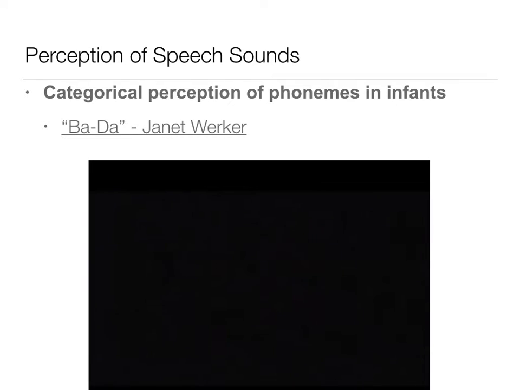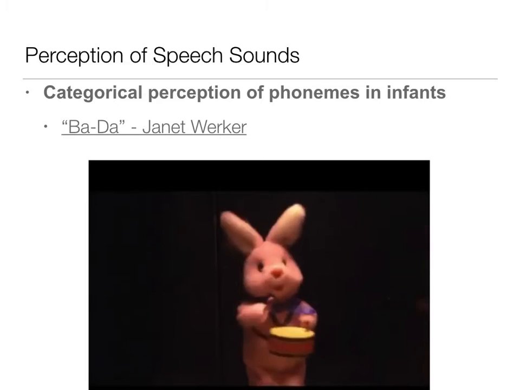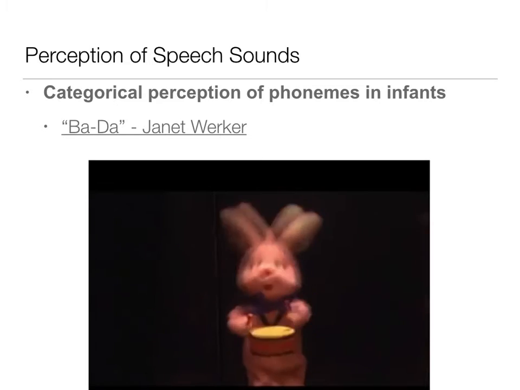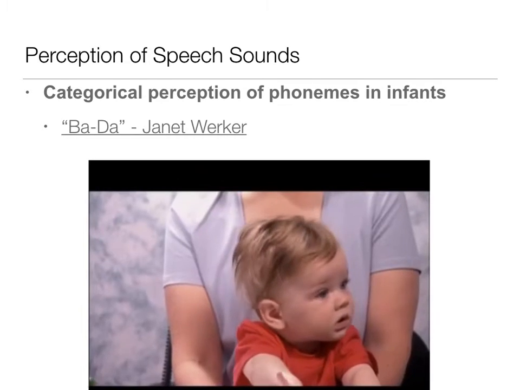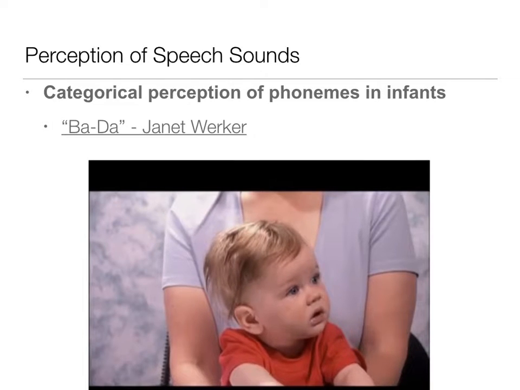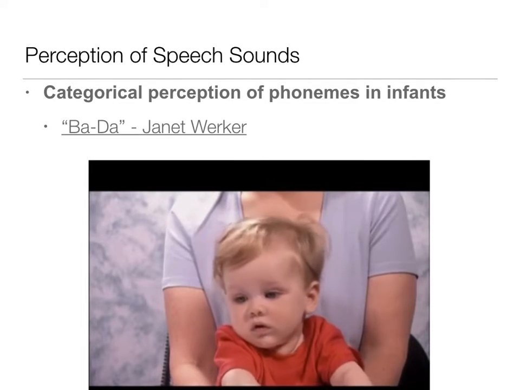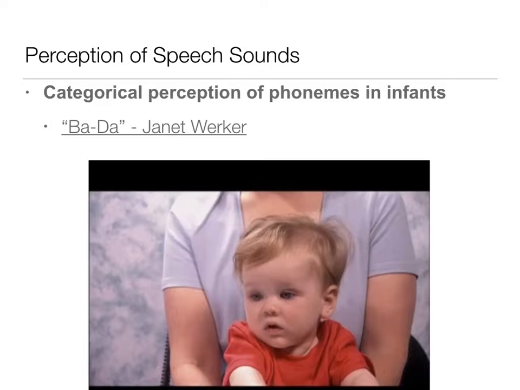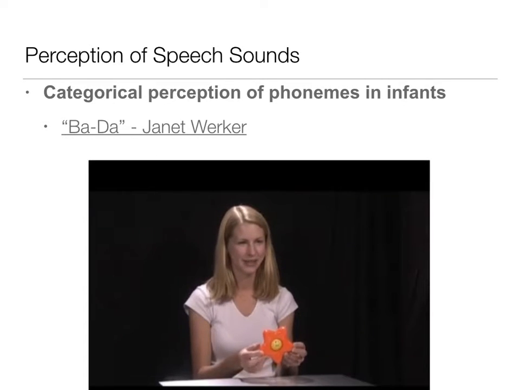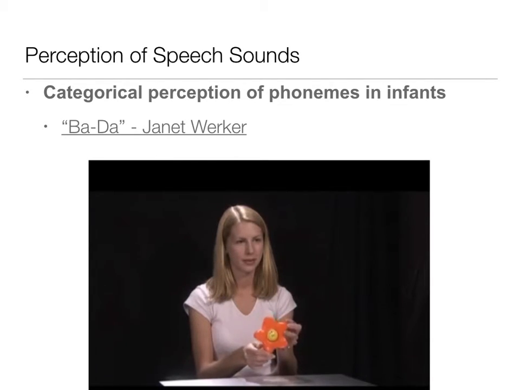Matthew even turns his head in anticipation when the researchers delay the bunny's appearance. Matthew is now ready for the test phase of the experiment. A new tape is played, this time with two different da sounds that are only used in Hindi.